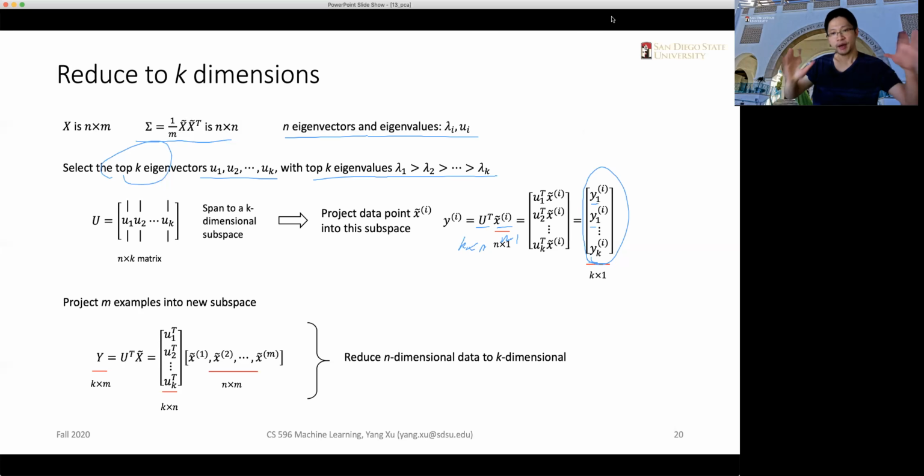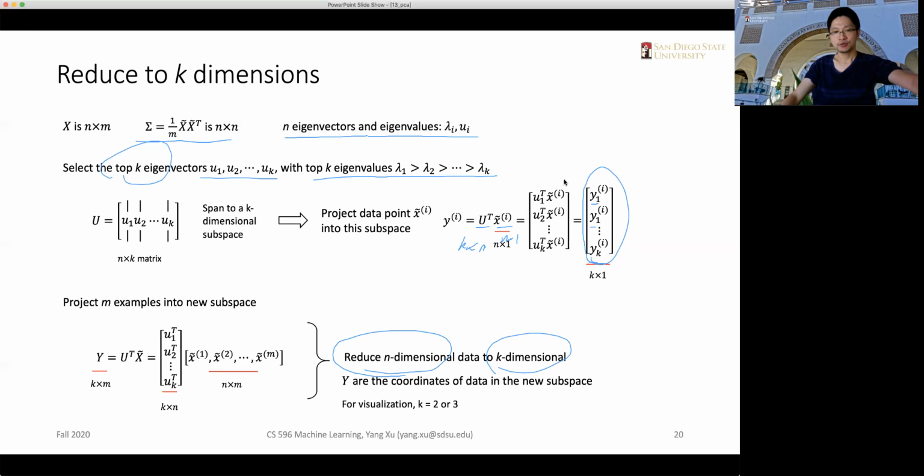Okay, so by this step, we can successfully reduce n-dimensional data into a k-dimensional space. And this reduction is commonly used if we select a very small k, like the first 2 dimensions or first 3 dimensions, for visualization, right?